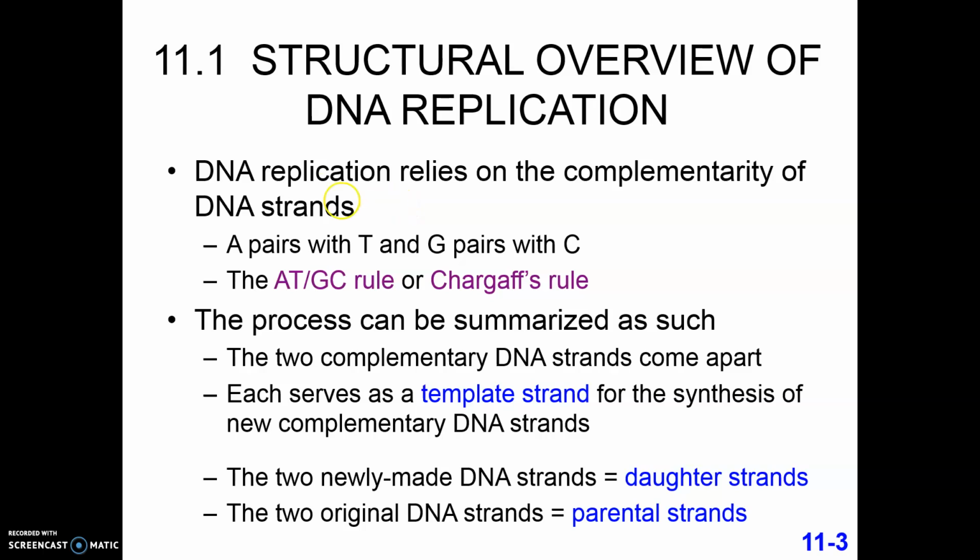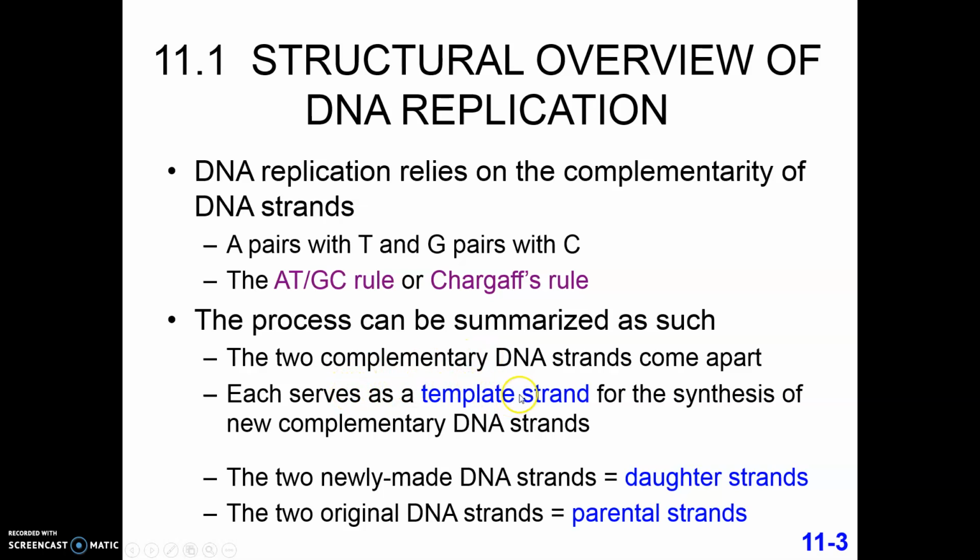So as you remember, DNA replication relies on the fact that we have two complementary strands of DNA. A is always base paired with T, and G is always base paired with C. So in summary, we have these two complementary strands of DNA, and that DNA separates and becomes two separate strands of DNA.